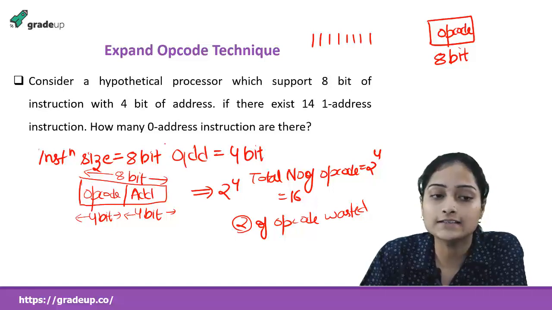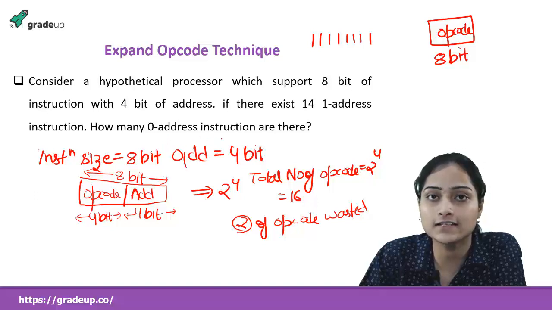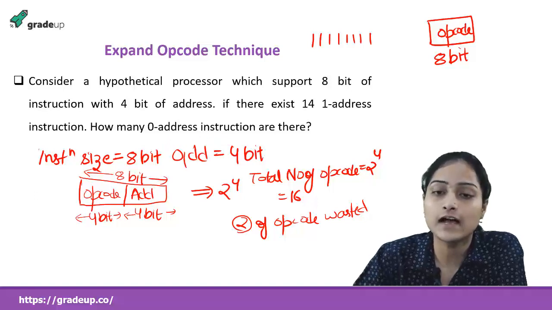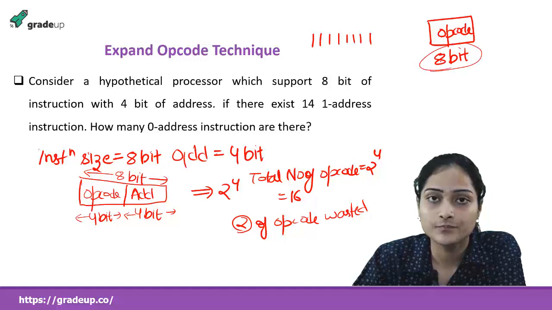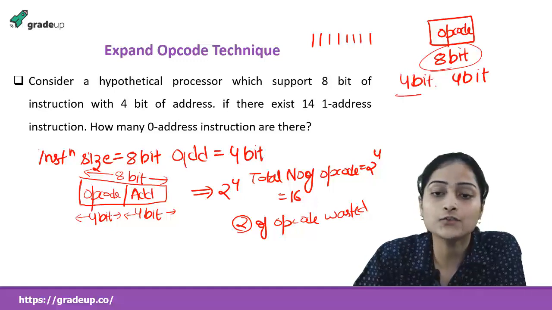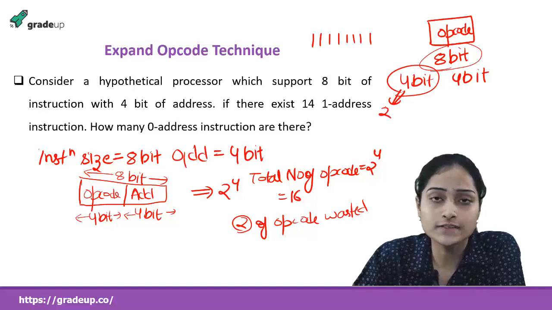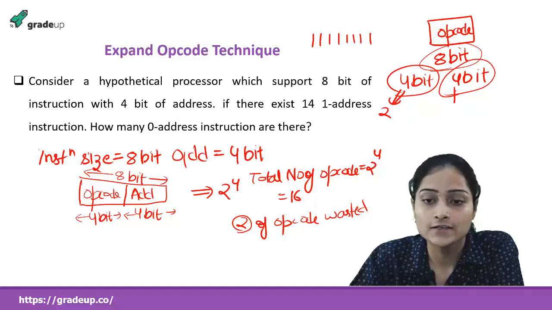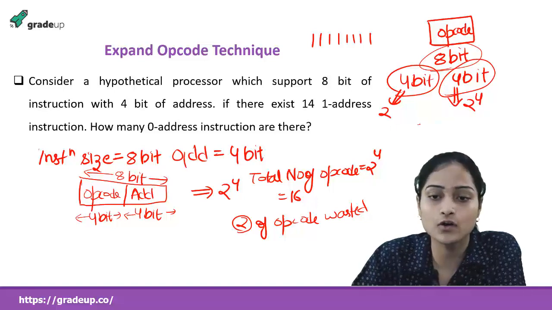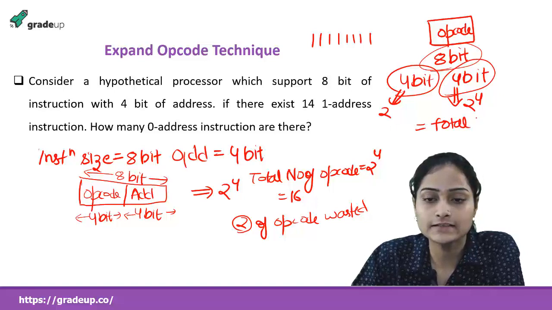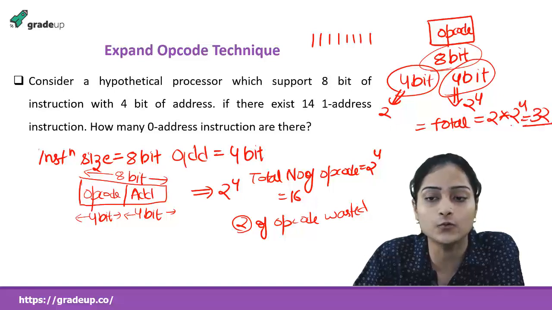Now it is asking how many zero address instructions are possible. So guys, in these 8 bits, 4 bits and 4 bits. Out of these 4 bits, 2 possibilities are free, and for these 4 bits all are free. So the number of possibilities I can make here is 2 raised to the power 4, and total possibilities will be 2 into 2 raised to the power 4, that is 32.